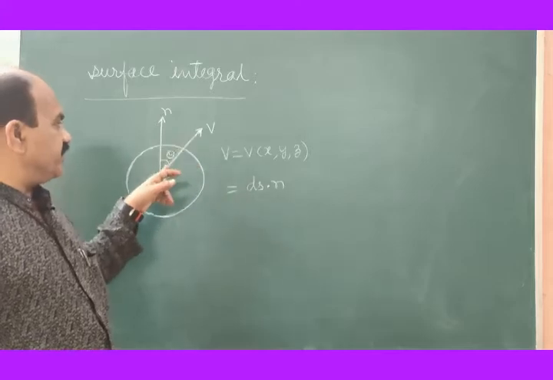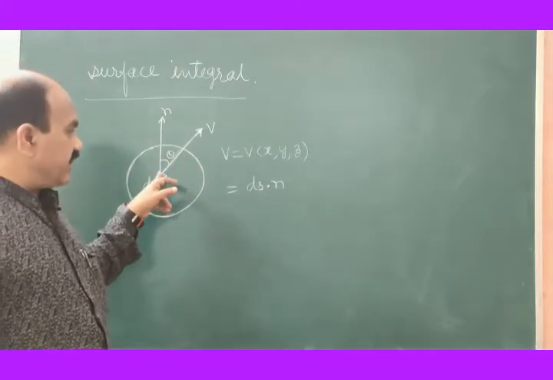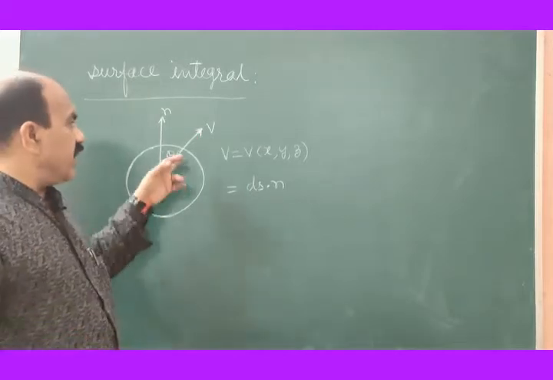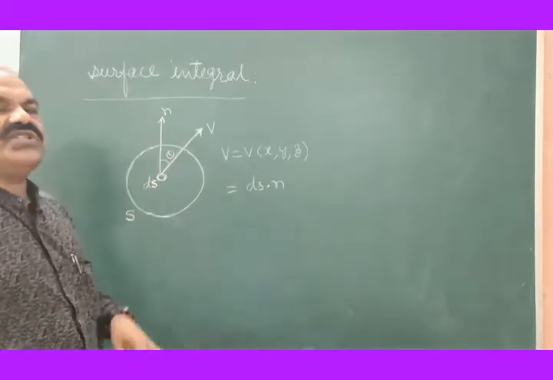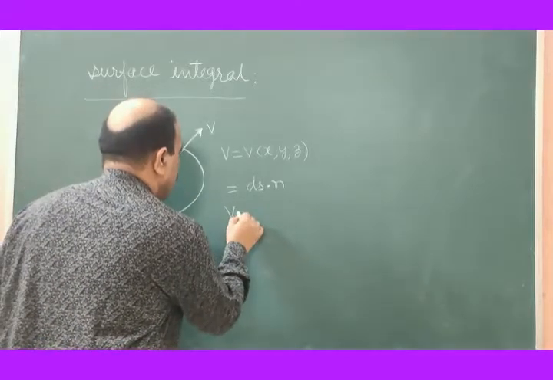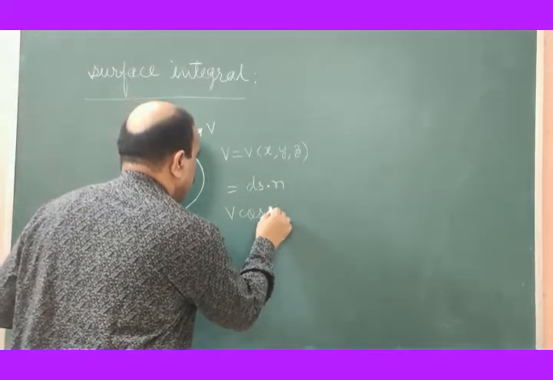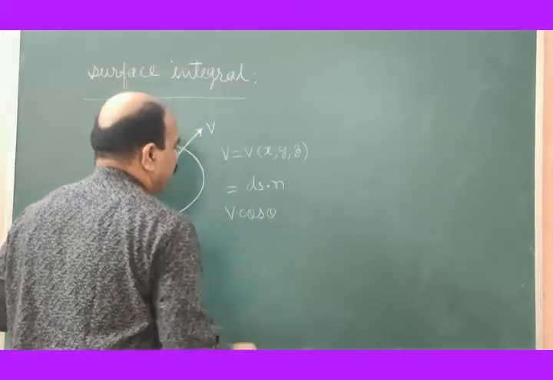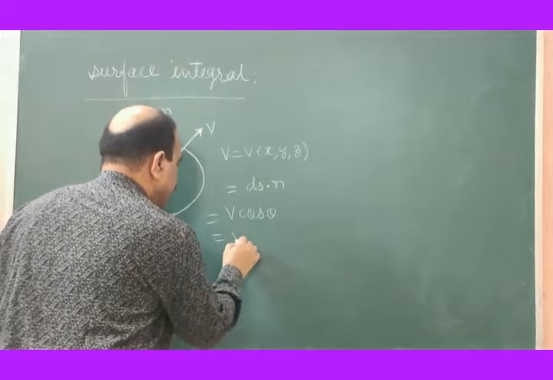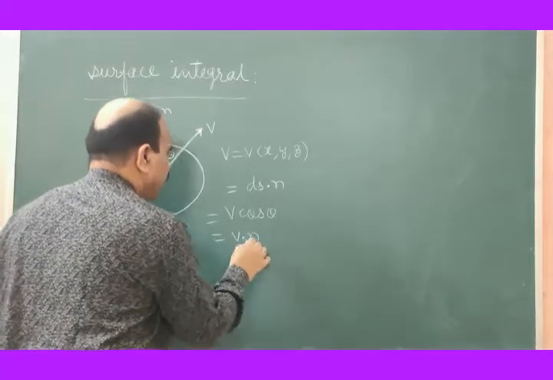What we see here, the vector point function is in this direction. Component of V along this n will be V cos theta, or it will be simply V dot n.